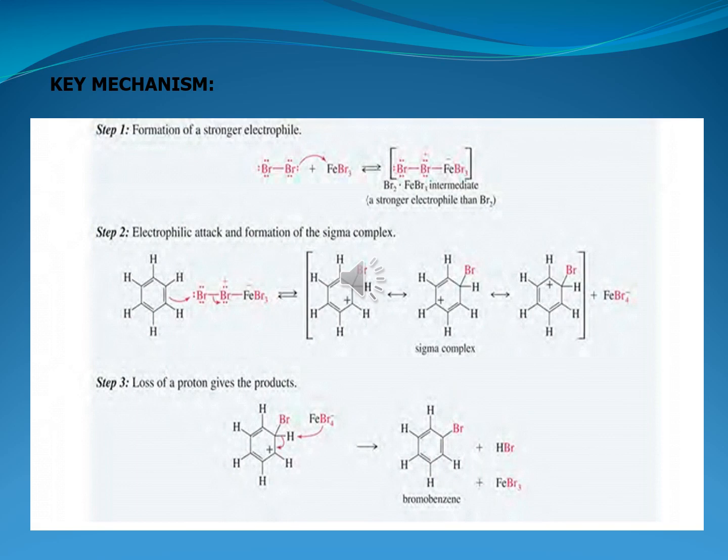As the bromine has now become more electrophilic after activation by the catalyst, electrophilic attack by the benzene occurs at the terminal bromine of the bromine iron tribromide complex. This allows the other bromine atom to leave with the iron tribromide as a good leaving group, iron tetrabromide. Here, a sigma complex is generated, which stabilizes itself through resonance.